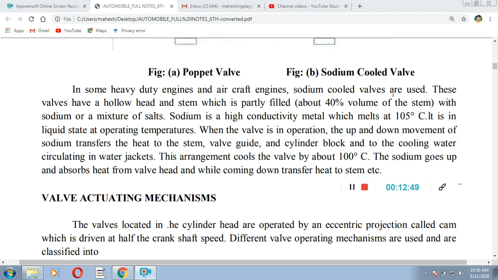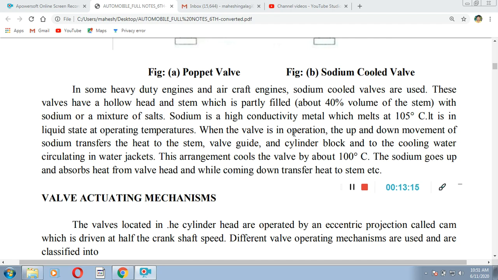Sodium is partly kept inside the hollow stem of the valve. It is filled to about 40% of the volume of the stem. Sodium, a metal with high conductivity, melts at 105 degrees Celsius, so it is in a liquid state at operating temperature.